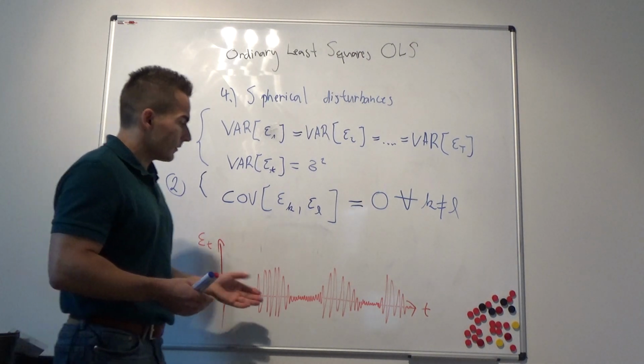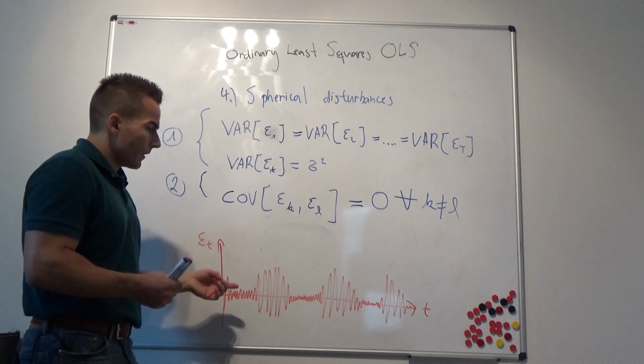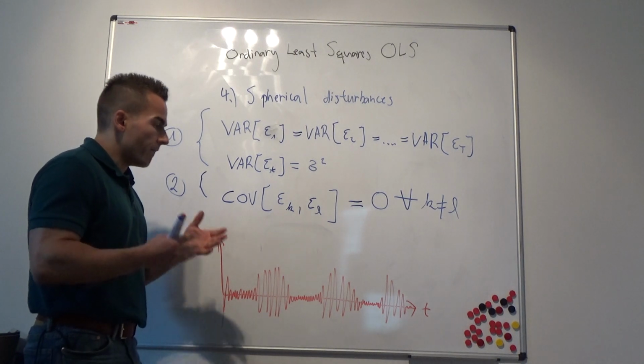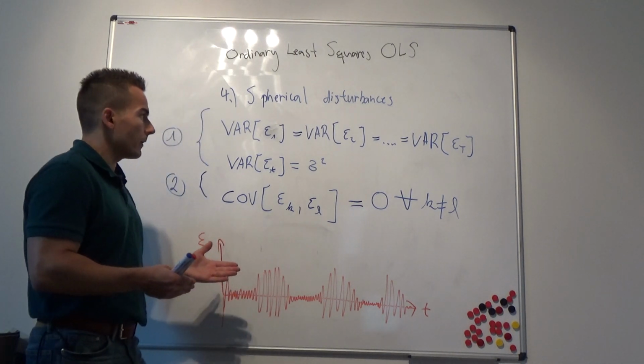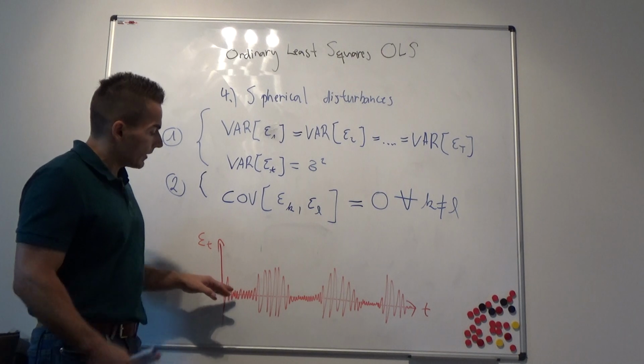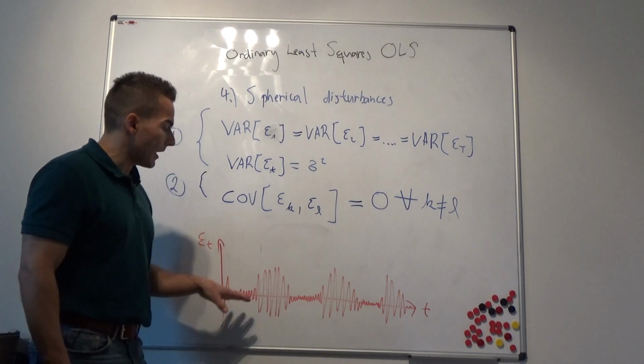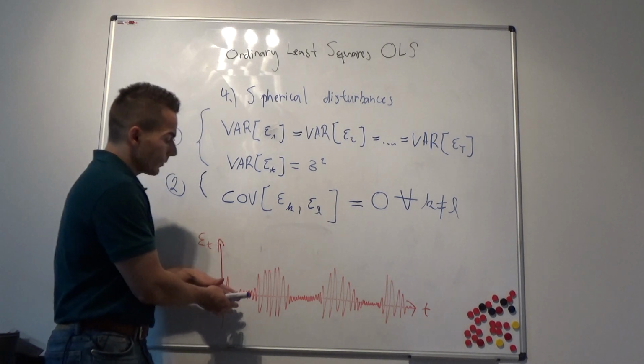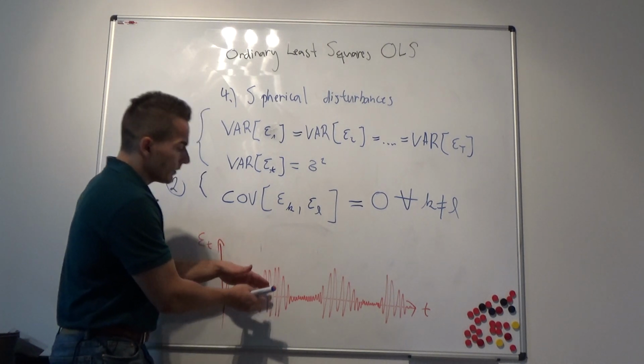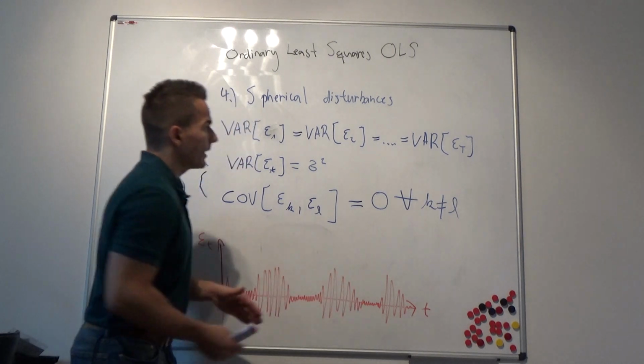So what happens here is that the variance of the residuals depends on where we are in the timeline. They depend on the time, because sometimes it clusters: a cluster of low volatility, high volatility, low, high, and so on.